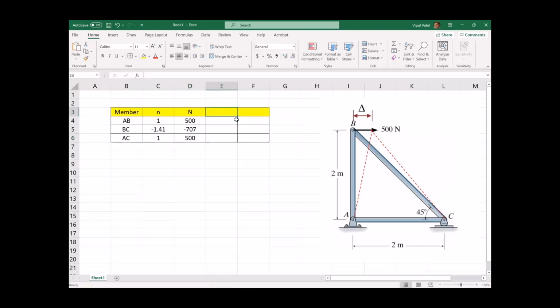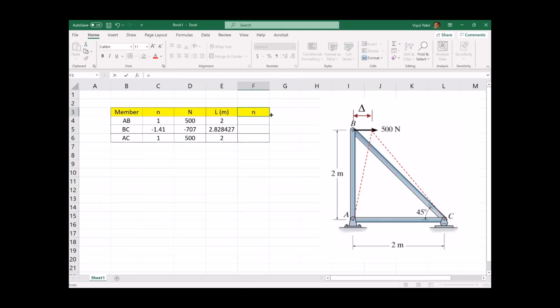And the length, let's put it in meters. Length AB is 2 meters. BC is square root of 8. So it's basically 2 squared plus 2 squared, to the power of 0.5, which is the square root, 2.82, and AC is 2 meters.